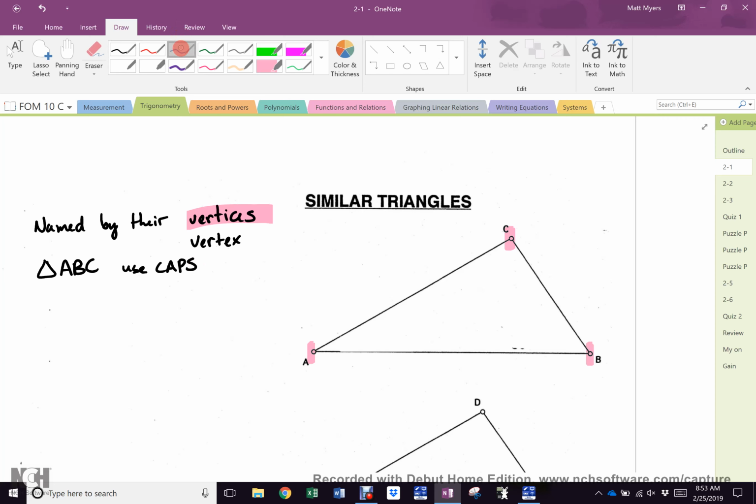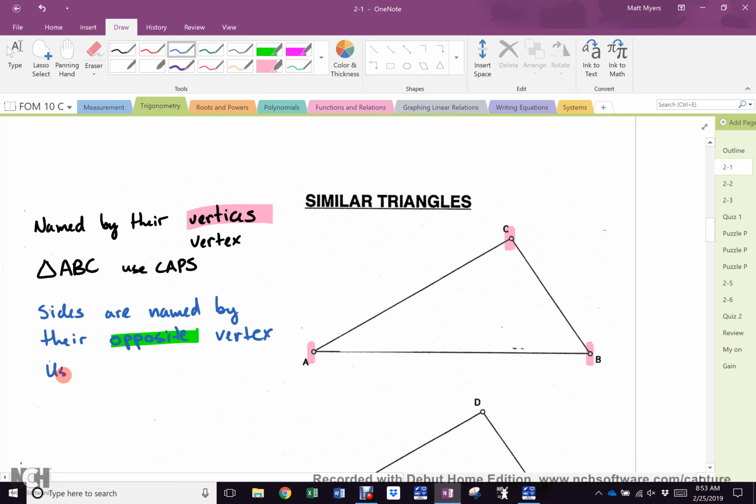We've talked about their vertices. What's the other thing triangles have three of? Three sides. The sides are named by their opposite. And what does opposite mean? By their opposite vertex.